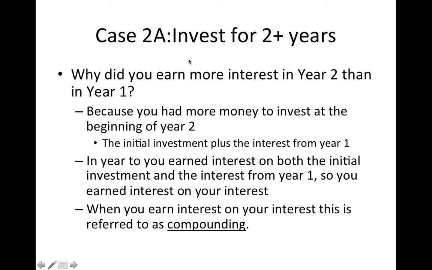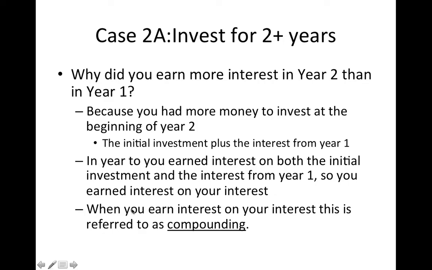So the question becomes, why did we earn more interest in year two than in year one? The answer to that is we had more money invested at the beginning of year two because we had the initial investment of $100 plus the interest that we earned in year one. So that second year, we earned interest on both the initial value and the interest earned, meaning we earned interest on our interest.